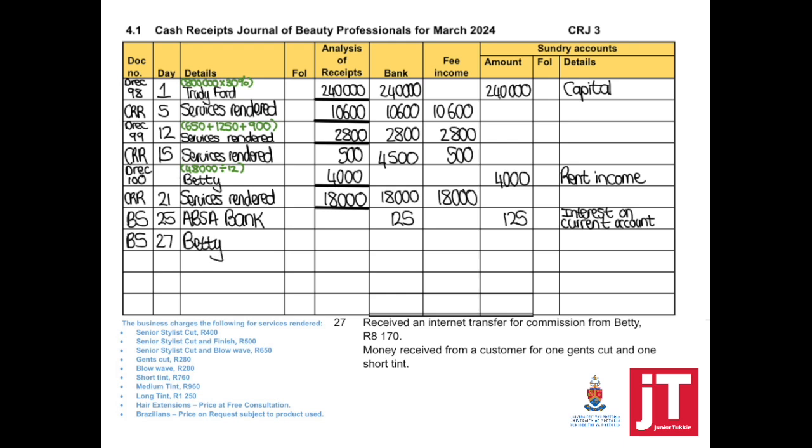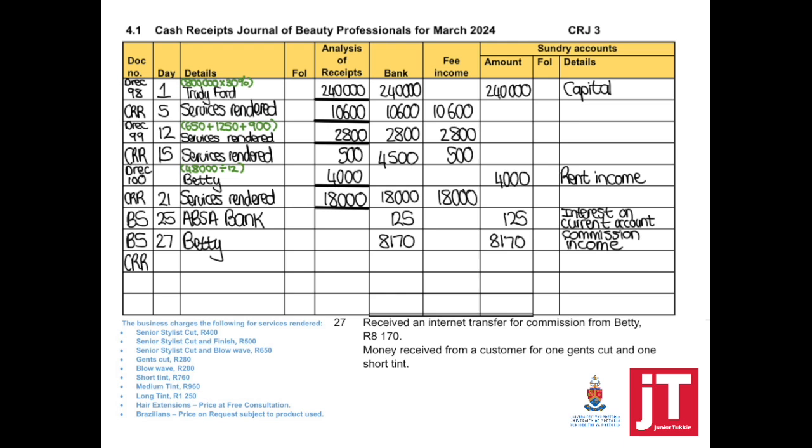On what day did it happen? Day 27. From who did we receive the money? From Betty. How much did we receive? 8,170 under bank. For what reason? This is commission income. You have to write the word income after the commission.